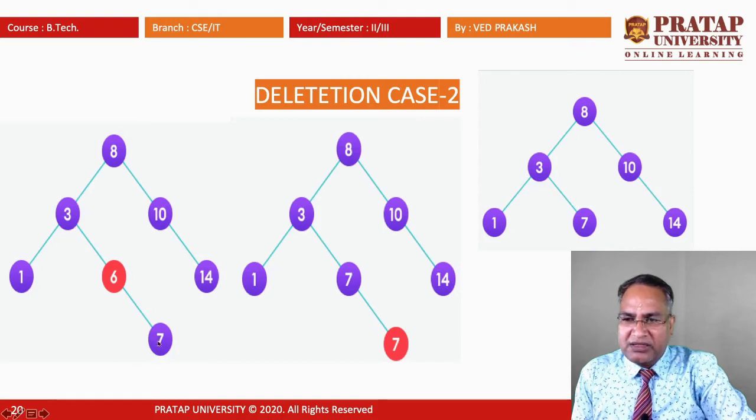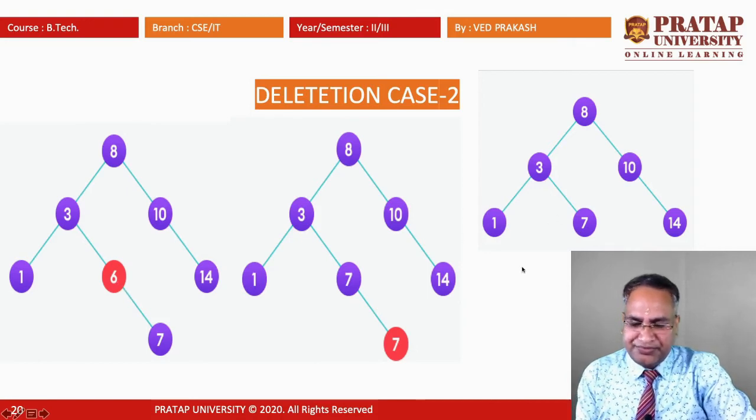First, we replace the parent node's position with the child node, and after that we also remove the child node's original position. So when we remove node 6, the child node gets the position of the parent node, and then the position of the child node is removed from here. The new tree is 1, 3 and 7. So here node 6 is removed.